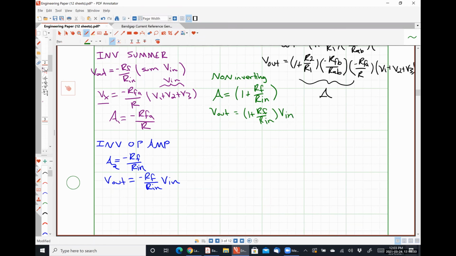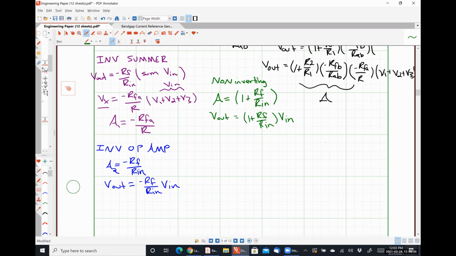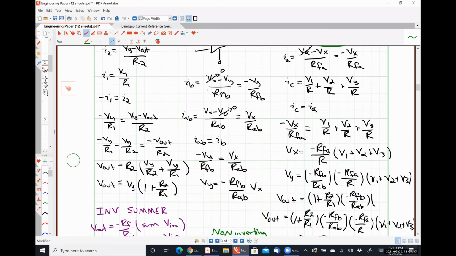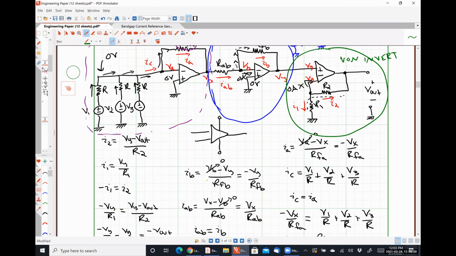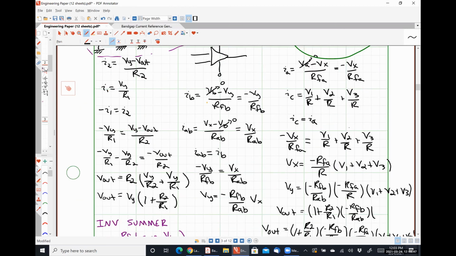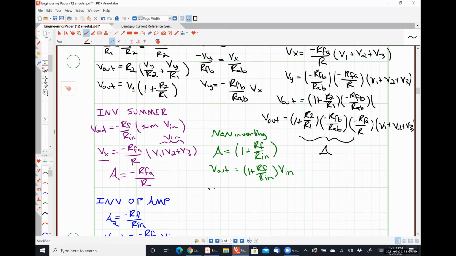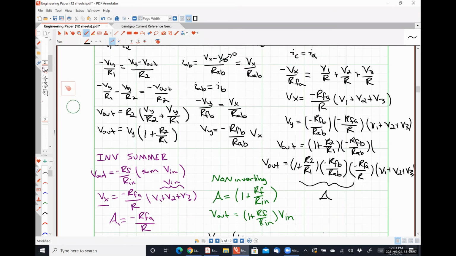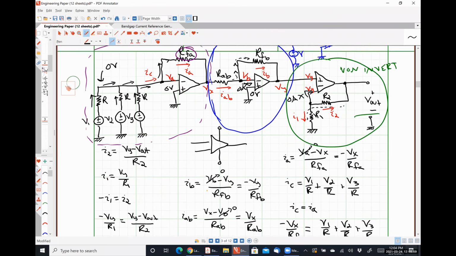Okay, so let's see how we can use this. If we're trying to find V out all the way over here, we can say it's whatever Vy is for our input. And so V out equals 1 plus our feedback resistor, which is R2.